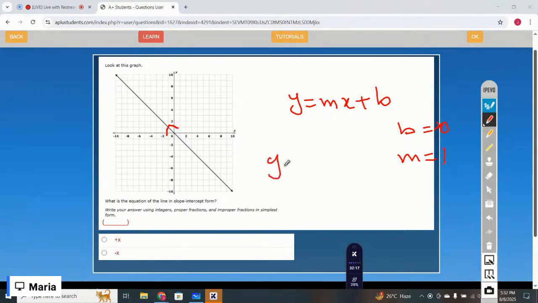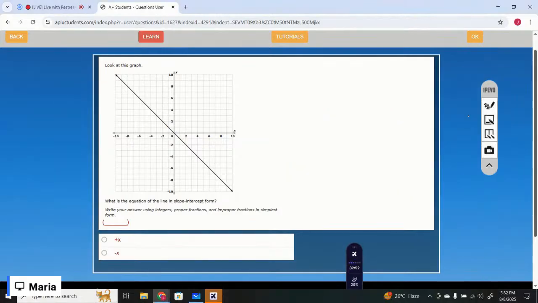That would be y equals x, the number 1 is the correct option.